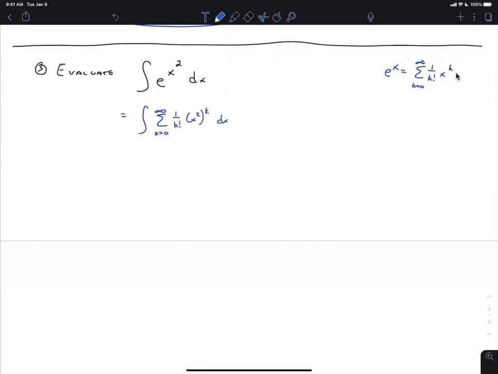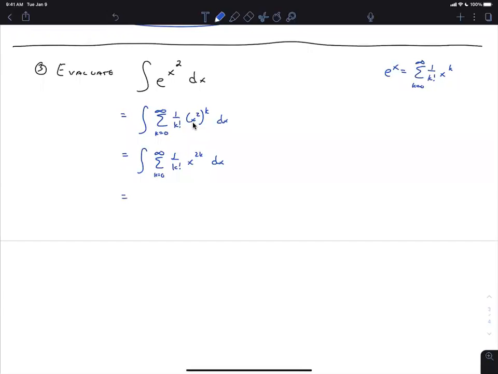Again, this looks insanely hard, but it turns out is not that bad. We know that if e to the x is equal to this series with x there, then e to the x squared is this series with x squared there. So I can simplify this real quick and make it 1 over k factorial x to the 2k dx.